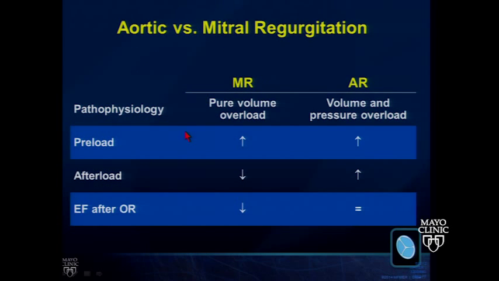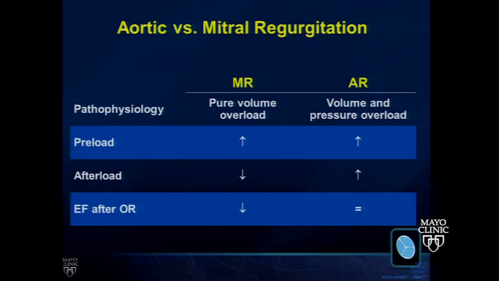The pathophysiology of aortic regurgitation is different from mitral regurgitation because of the load on the left ventricle. Now remember, mitral regurgitation had an increased preload and a decreased afterload. Aortic regurgitation has increased preload because the ventricle is bigger at the onset of contraction.